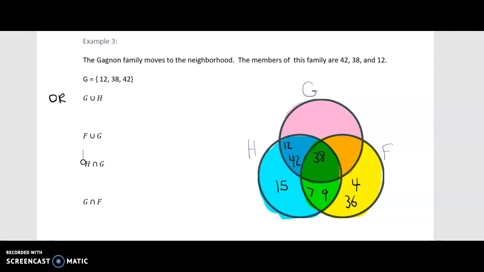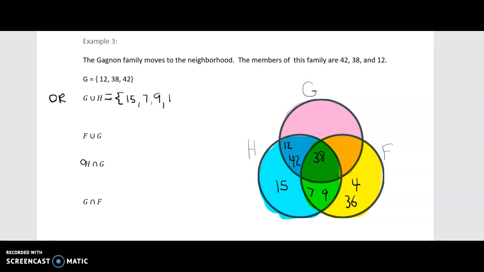Now we need to find G union H. So that means that the numbers are in the Gagnon family, in the Hammond family, or in both. We can see here, the blue circle has all the numbers in the Hammond family. 15 is just in the Hammond family. 7 and 9 are just in the Hammond family and not the Gagnon family.